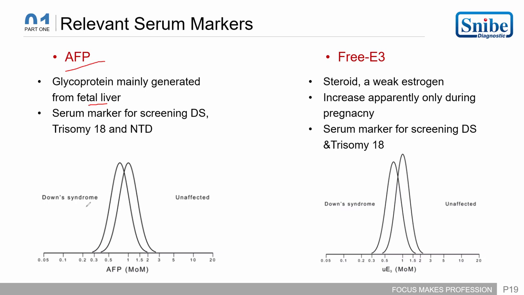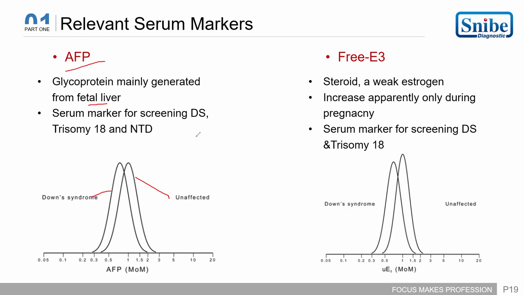Again, you can see a graph of MOM values in Down syndrome and unaffected cases. This here belongs to Down syndrome. The value in Down syndrome is 0.3 to 2 as compared to 0.4 to 2.8 in unaffected patients.